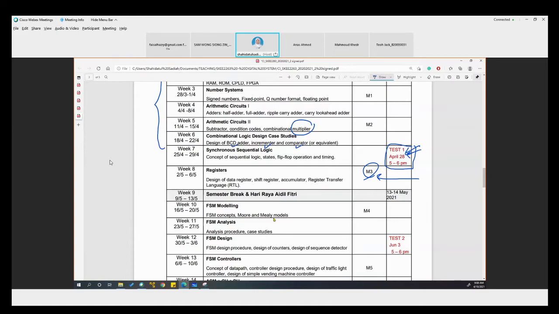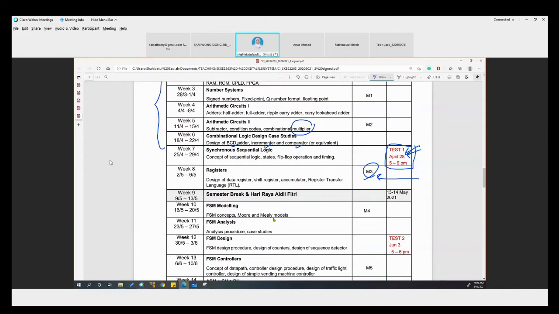Usually we have the semester break at week 8, but since the Eid is on week 9, they change it to week 9, unfortunately. So our break is on week 9.